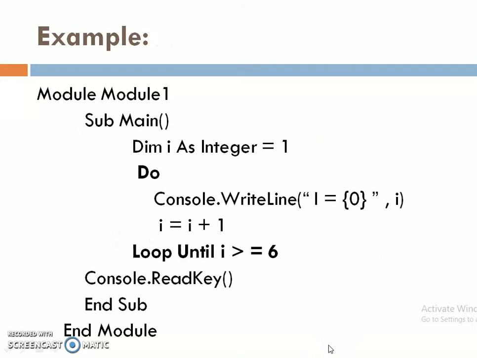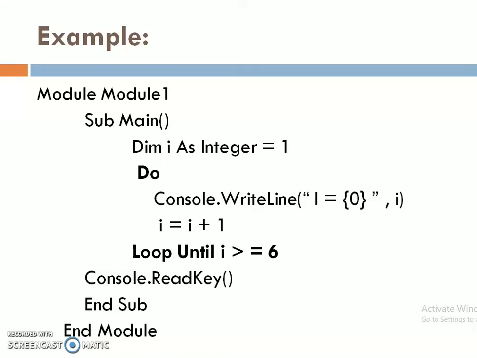Now see the example of do until loop. We print 1 to 5 numbers using do loop until statement. We first declare variable I, give it the value 1, then apply do loop until.